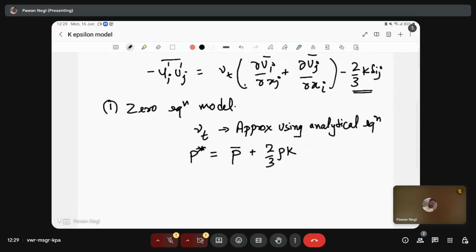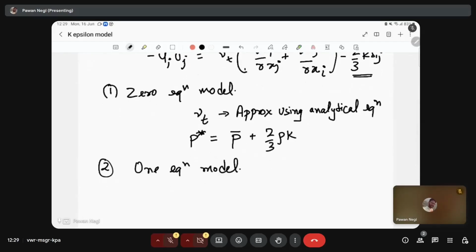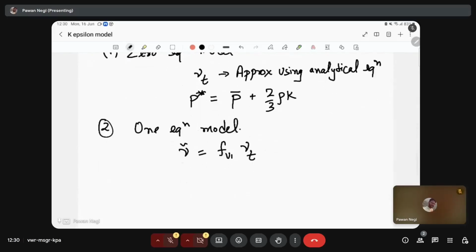In the one equation model, we assumed that there is another variable nu tilde, which is fv1 times the turbulent viscosity, and for this we use a transport equation, and we call this the Spalart-Allmaras model.